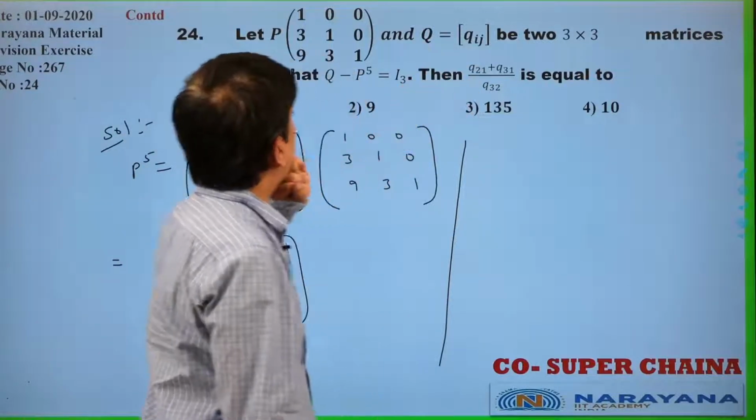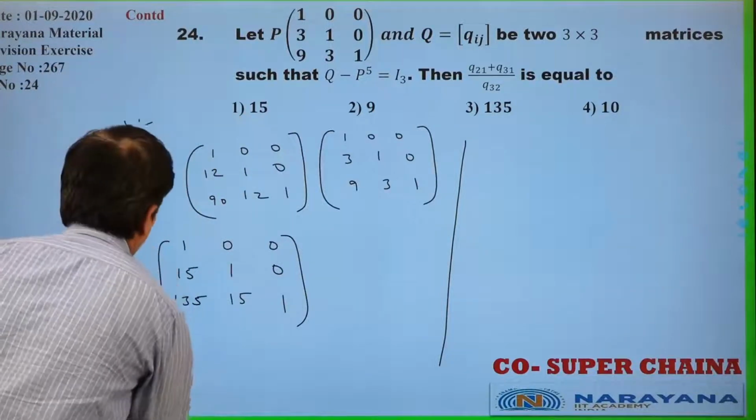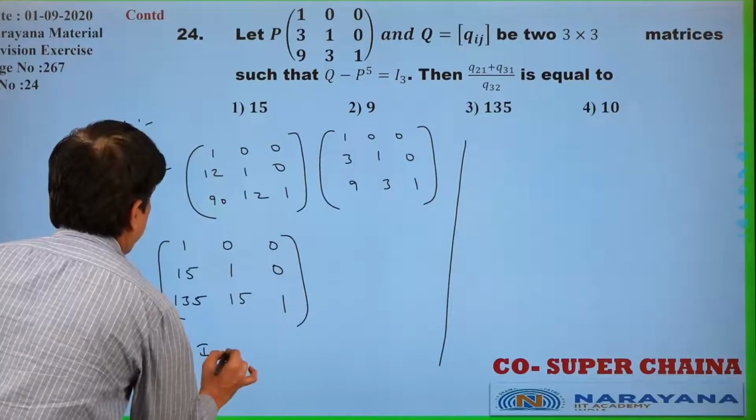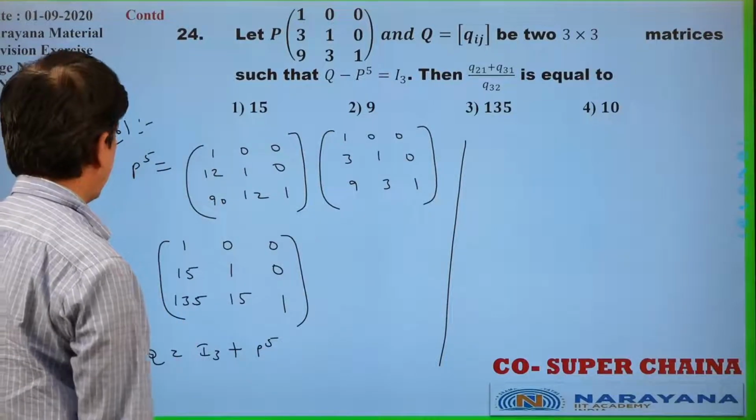First of all, capital Q we have to find. Capital Q is equal to I3 plus P power 5. P power 5 is this only.